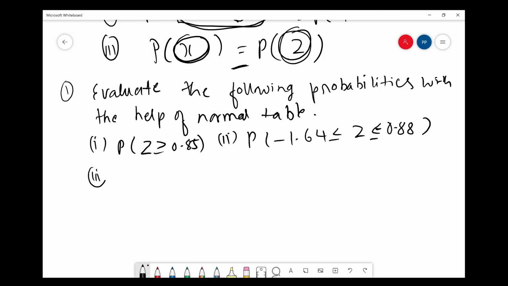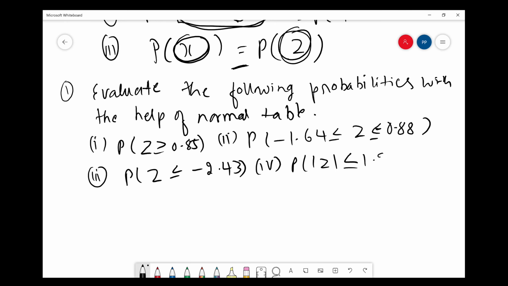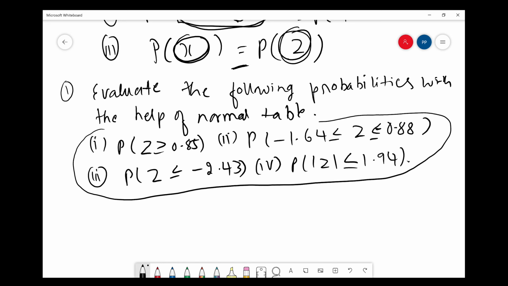Number three, P of z less than or equal to minus 2.43. Number four, P of mod z less than or equal to 1.94. I consider this problem because it includes all possible types of probability values you come across in z after converting from x to z.